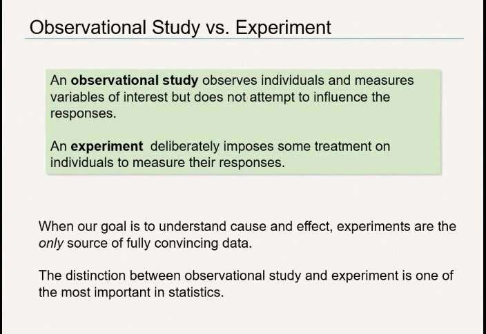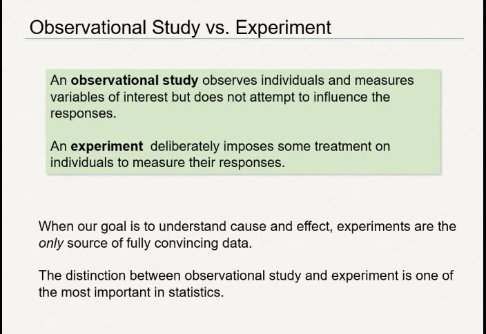An observational study then just observes individuals, measures variables of interest. You don't do anything to influence. As a matter of fact, you're doing everything you can not to influence the subjects. An experiment is quite different. In an experiment, you are deliberately trying to impose some treatment.